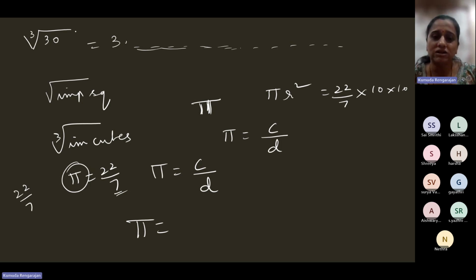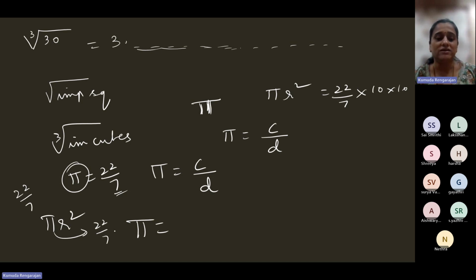Why is pi irrational? Because the value of pi is a non-terminating, non-repeating decimal. But while using pi in a formula, for calculation purpose, we take pi as 22/7.